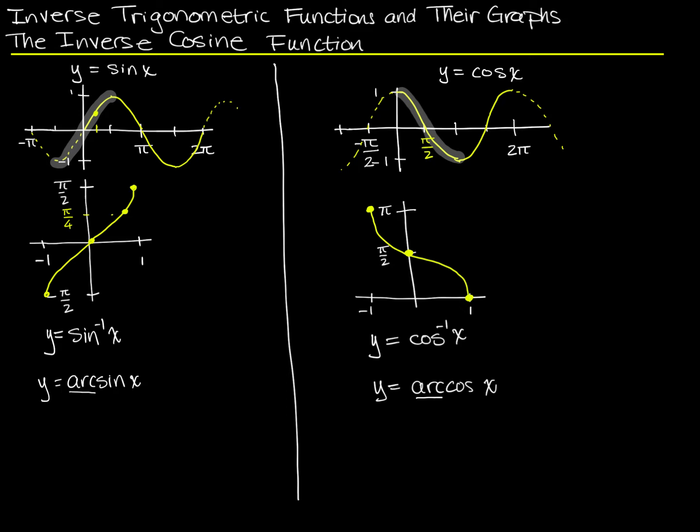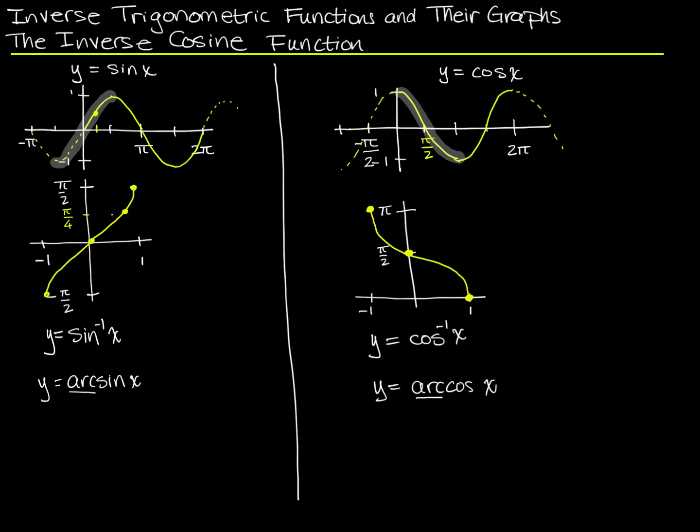Now, notice that the domain for sine is all real numbers and the range is negative 1 to 1. The domain for arcsine is negative 1 to 1, and the range is not all real numbers. It's just these values here.